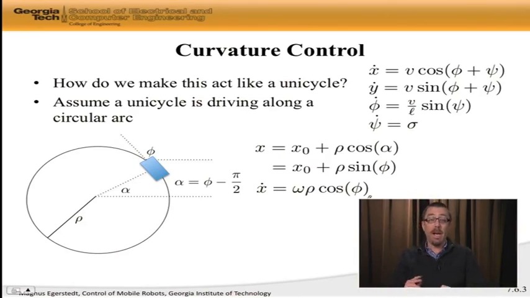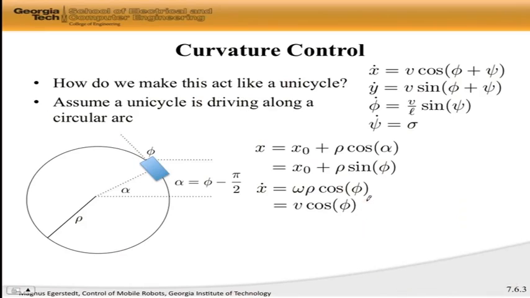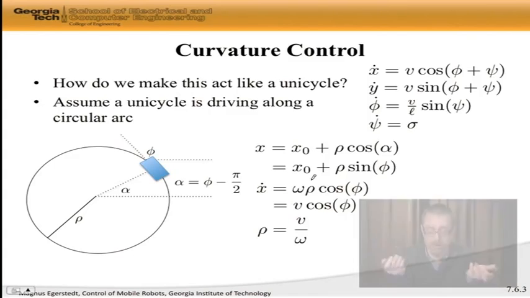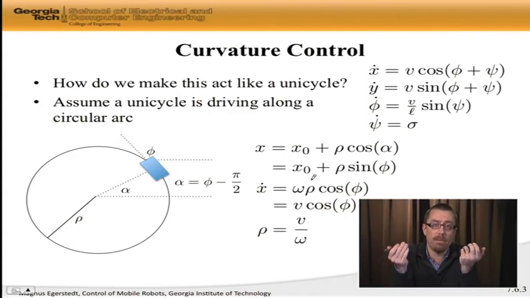But wait a second, I know what x dot is. It's v cosine phi because it's a unicycle. So now these two expressions have to be the same, which means that the radius of the circle is v over omega. Now a lot of times we care about what's called curvature, and curvature is 1 over the radius.